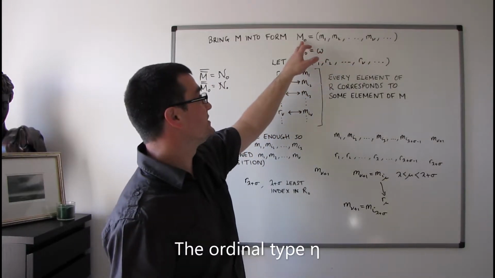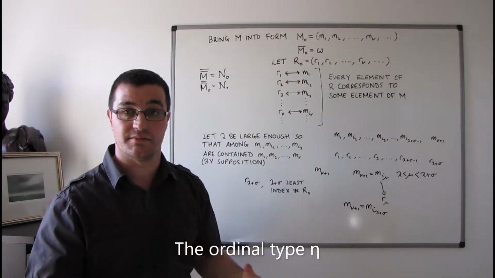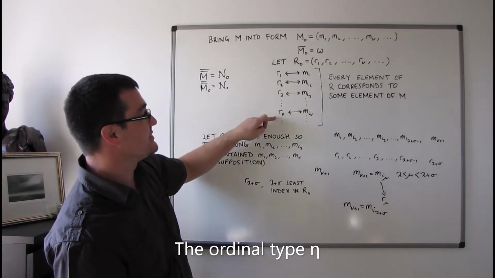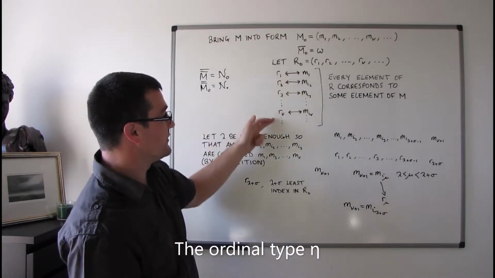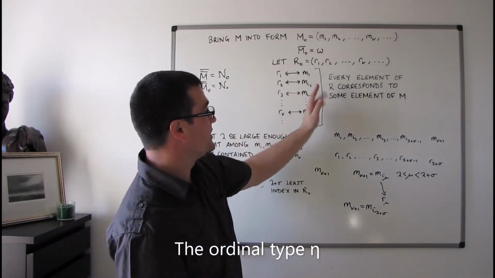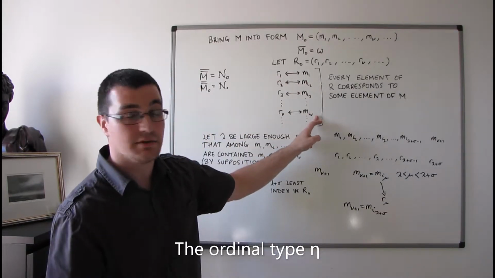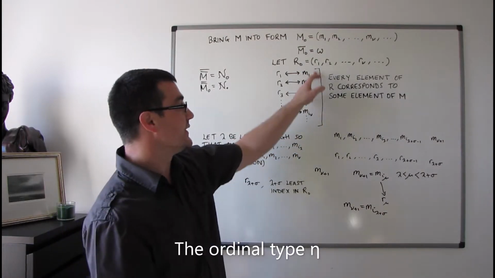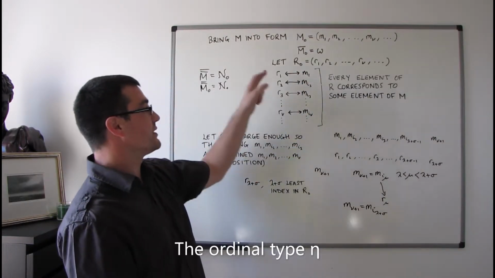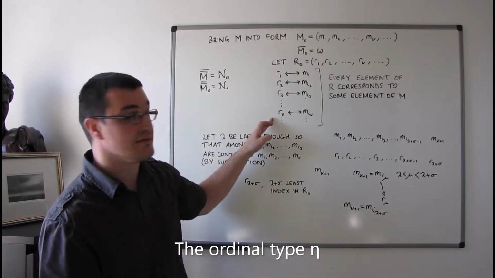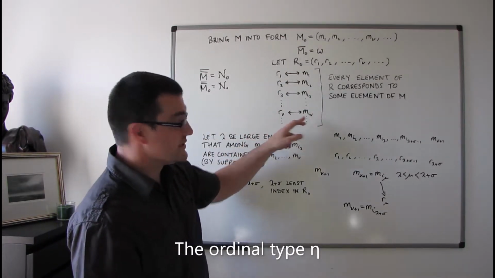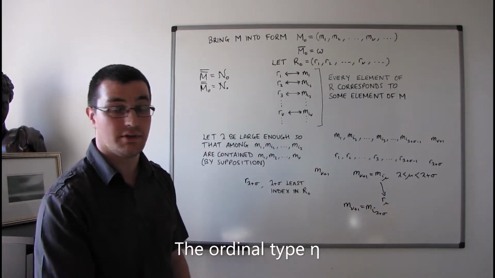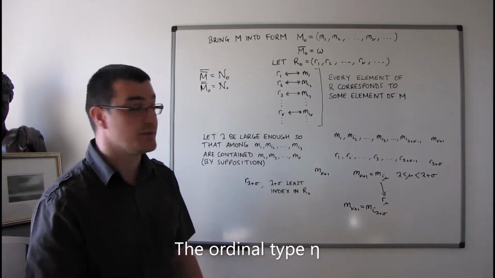But remember that m naught has all of the same elements as M. So therefore, not only do we have every element of R accounted for here, mapping over to elements of M, we've also got every element of M accounted for over here. So every element of M corresponds to some element of R. So it's going to be a one-to-one relationship between the two, which of course we need.